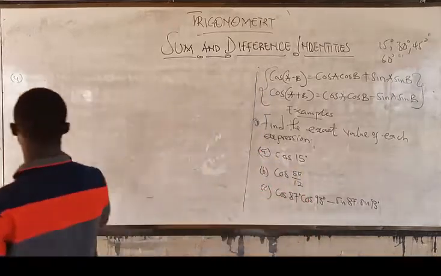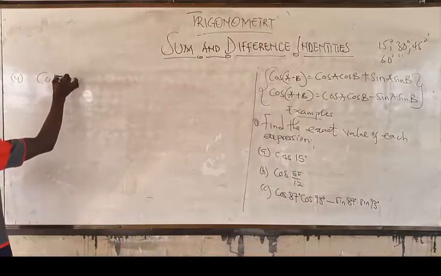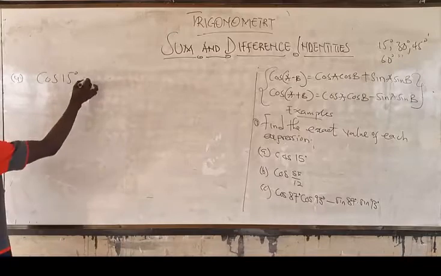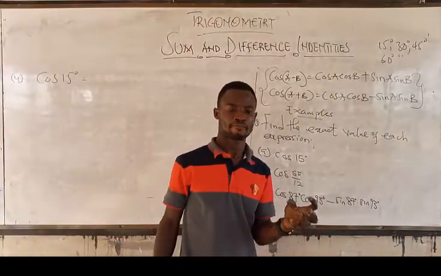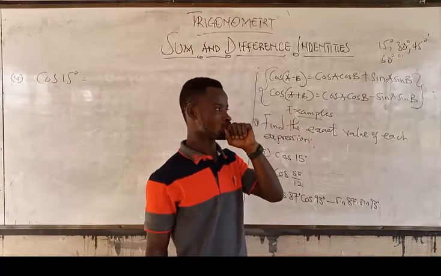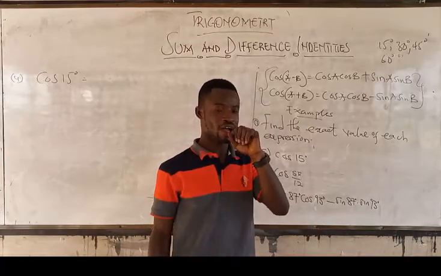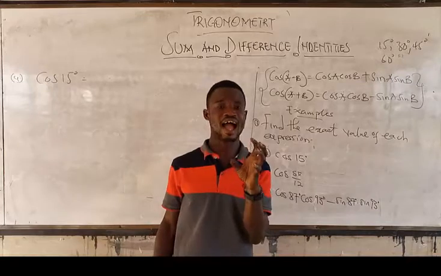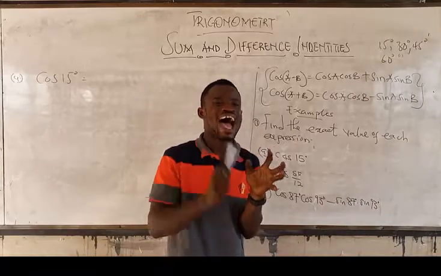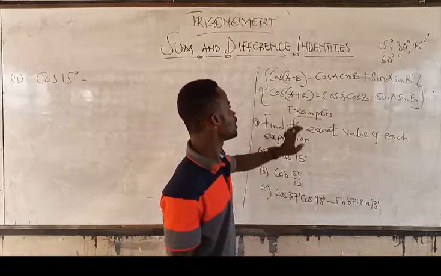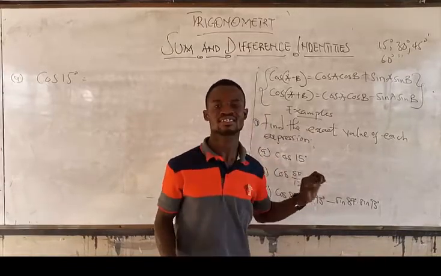So let's go for cos 15 degrees. We are going to write 15 degrees in such a way that we use two angles, and when you subtract or add them, it should give you 15 degrees.